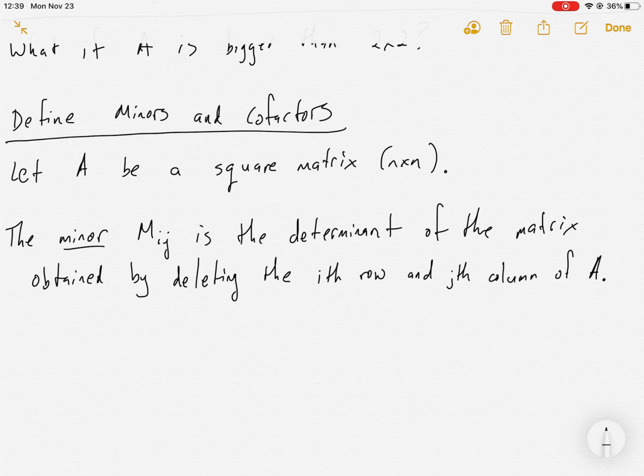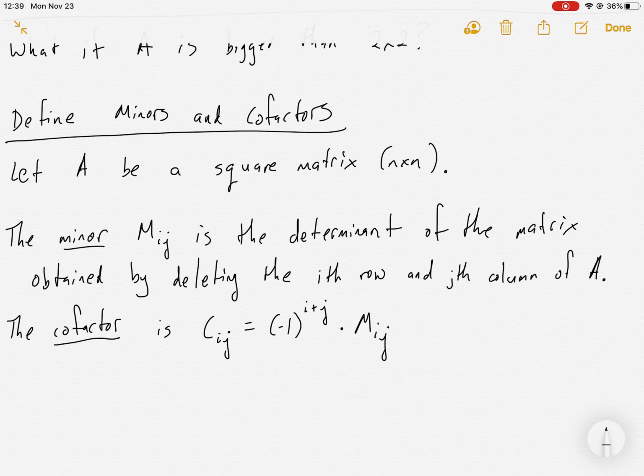So we'll start with that, and then I'm also going to define the cofactor, and then I'll give you an example of what I'm talking about. The cofactor is C for cofactor, and this is going to equal -1 to the power of i plus j times the minor.